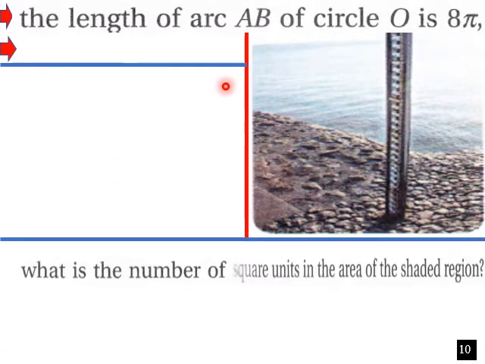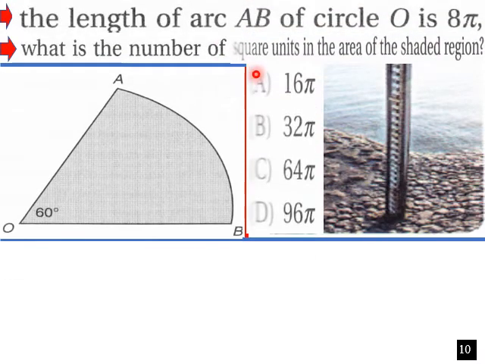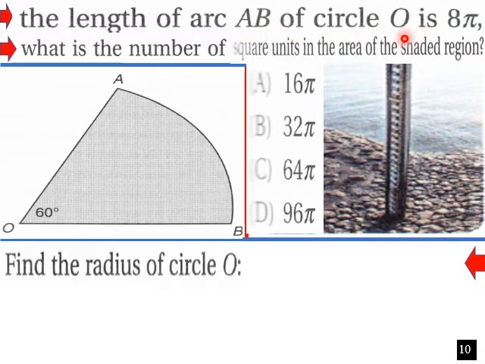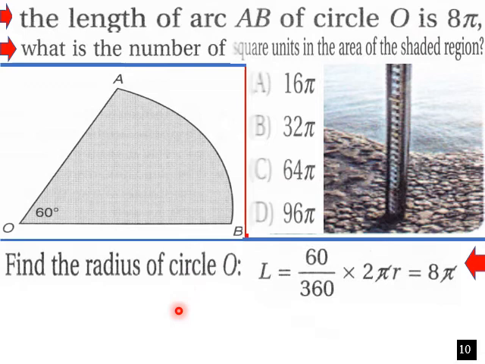The length of arc AB of circle O is 8 pi. In this situation here, this is 8 pi. What is the number of square units in the area of the shaded region? We know the length of arc AB of circle O is 8 pi, so first find the radius of circle O. Length equals 60 degrees over 360 times 2 pi r equals 8 pi.